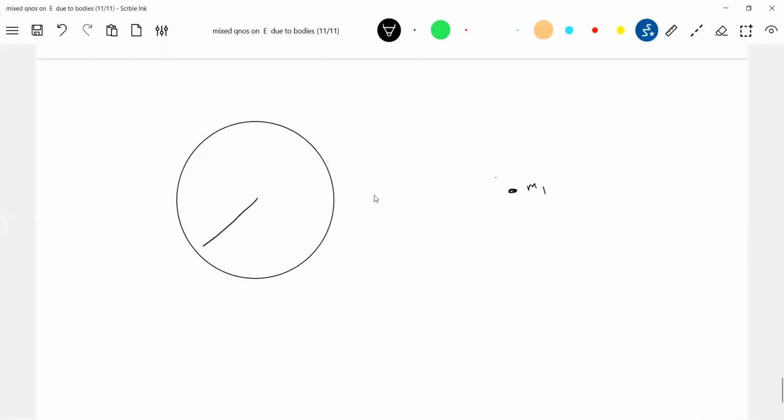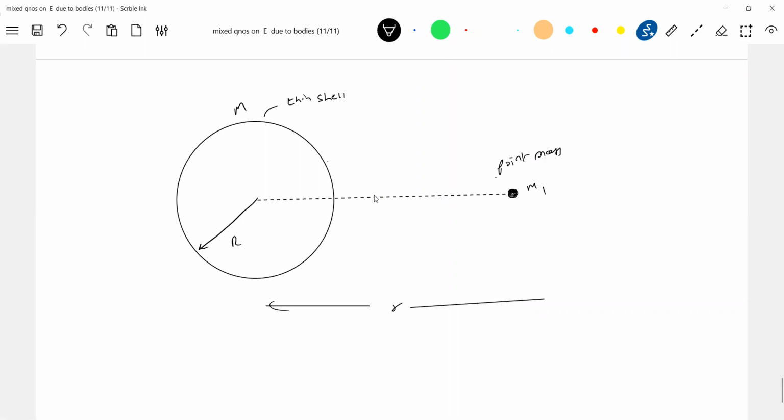There's a sphere, a shell, and there's a point mass which is at a distance, say r, or let it be x. Now I want, at point P, at a distance r from the center of the shell, what is the gravitational field strength? What are you going to do here now?